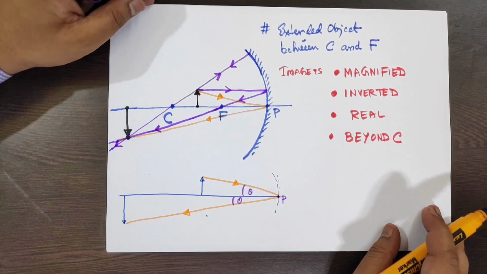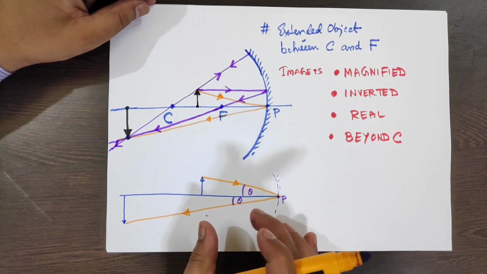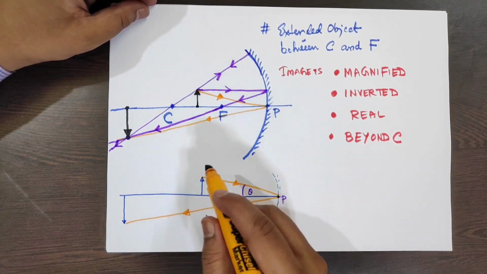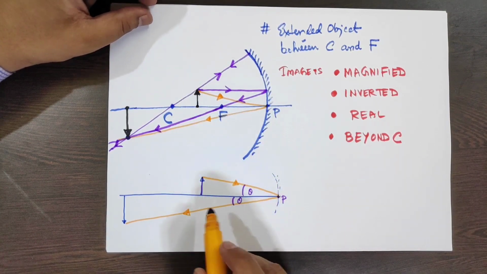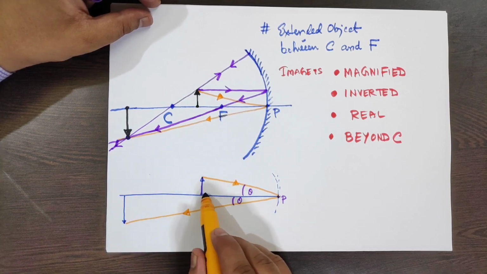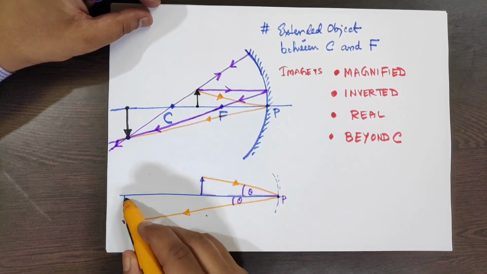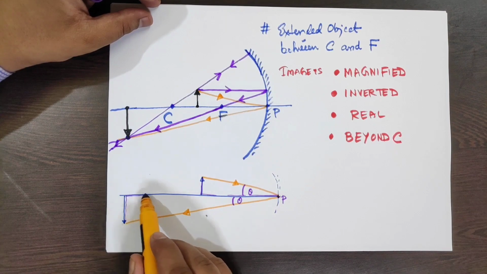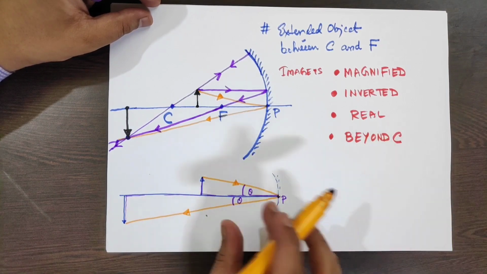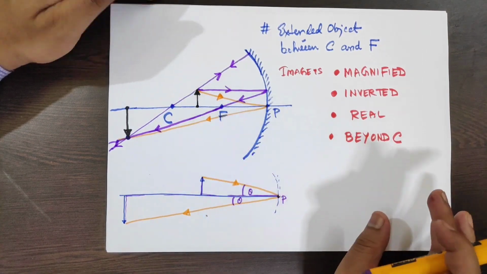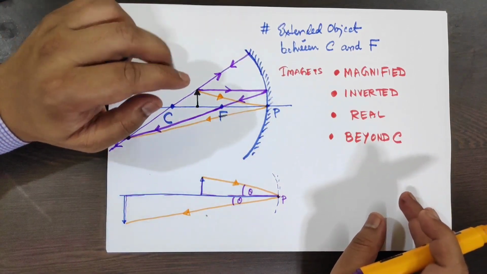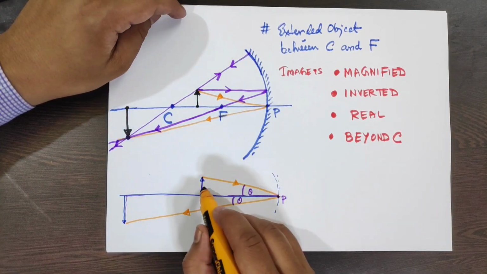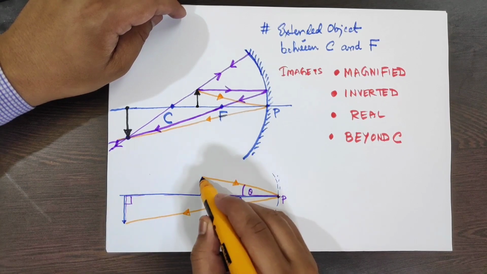So if you know of similar triangles, you know this height divided by this distance is this height divided by this distance. So height is proportional to distance, right? For similar triangles and right angle triangles also.